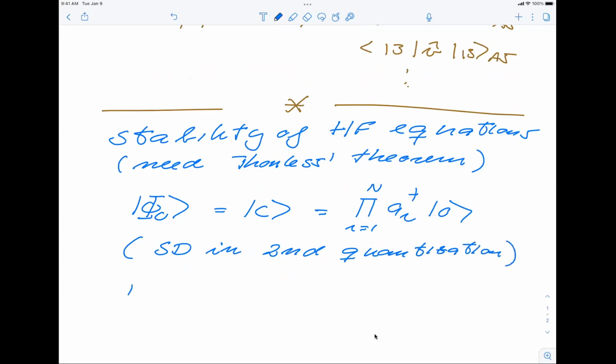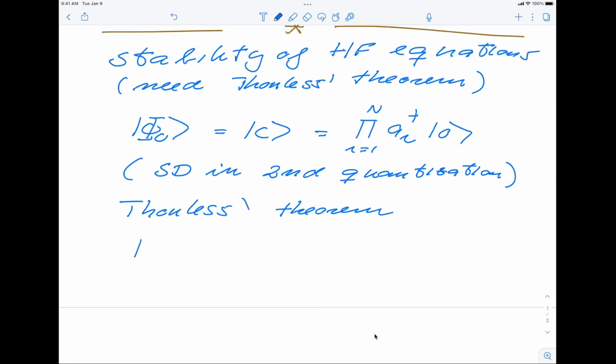So what Thouless theorem says, and we are going back to the proof of that later, is that we can actually define a new Slater determinant, C prime, which is similar to the one we have, but the Slater determinant can now be written out in terms of the following expression.